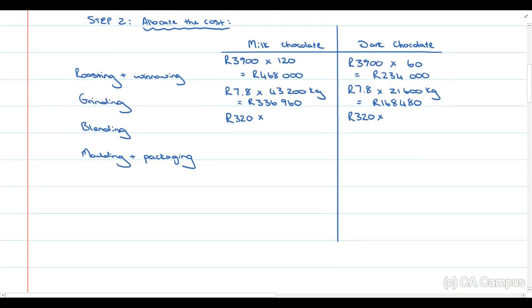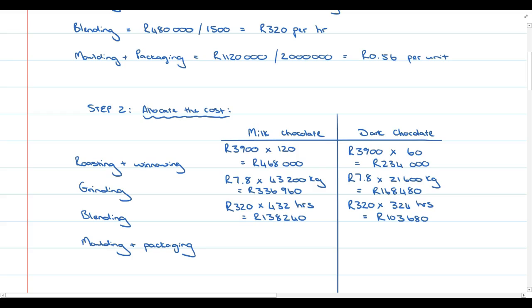So we can then allocate the blending cost. Then finally, for molding and packaging, we calculated the rate to be 56 cents per unit.